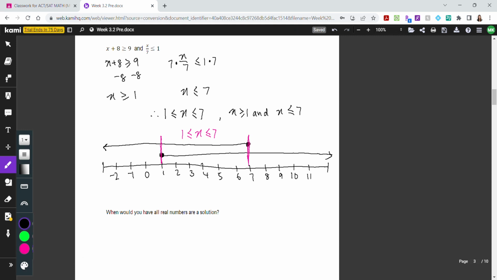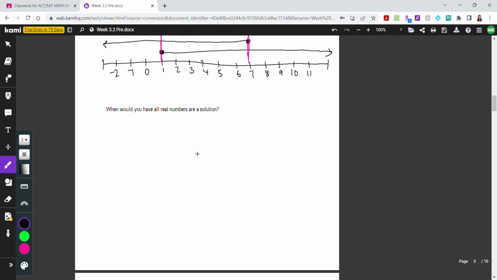All right. Now, there are some situations where all real numbers are a solution, and this is when you have an or question and the inequalities overlap with each other, right?